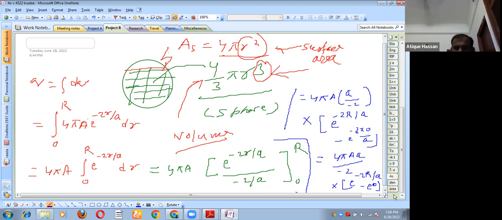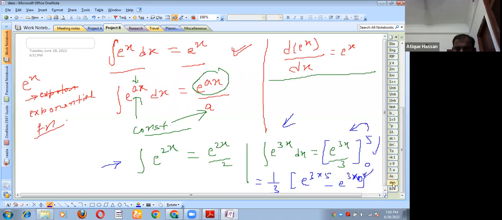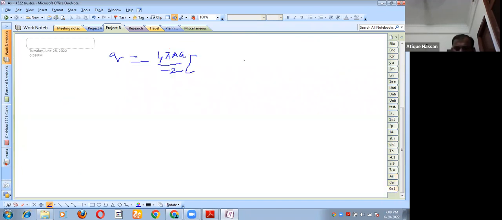4 pi a into a, minus 2, e to the power minus 2r by a, minus e to the power 0.